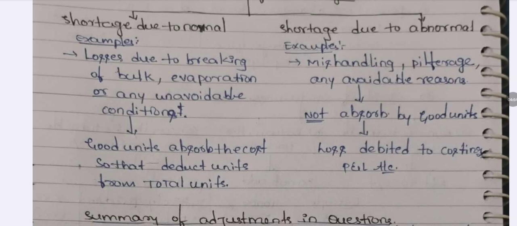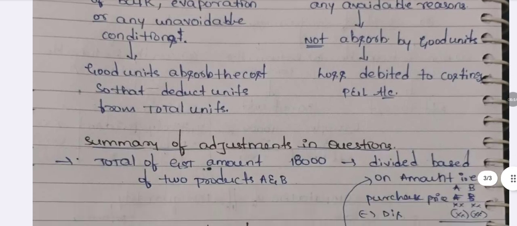We should deduct it from the total quantity. In case of abnormal loss, examples like mishandling, pilferage, and other avoidable reasons, these losses are not absorbed by the good units, so we debit it to the costing profit and loss account.